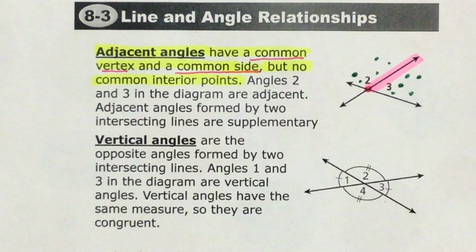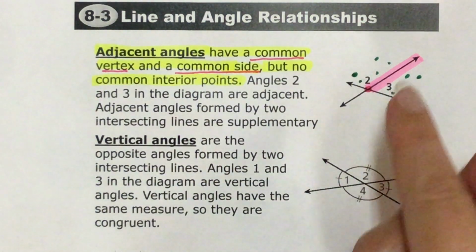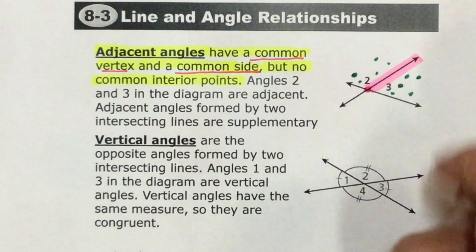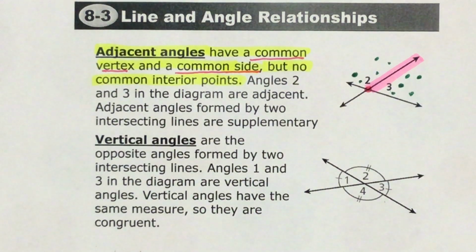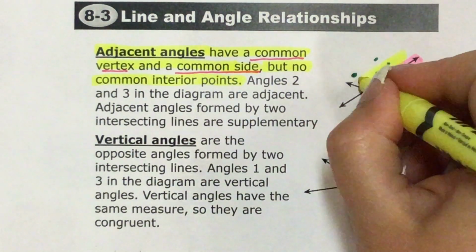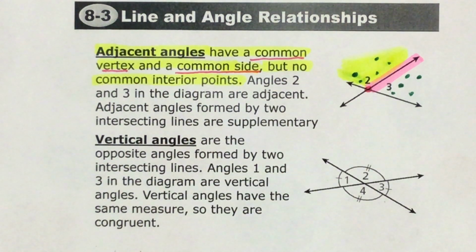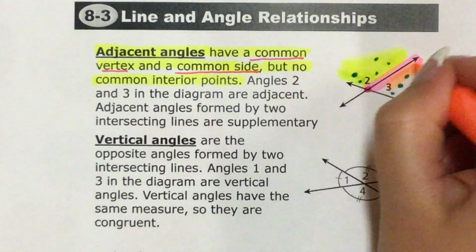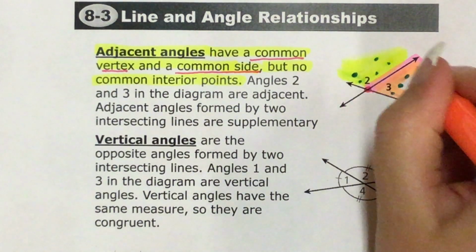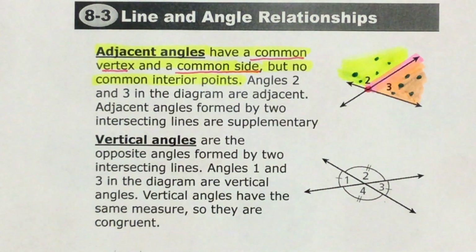So this right here is an example of adjacent angles. Angle 2, in yellow, is adjacent to angle 3, which is orange. These two angles are considered adjacent angles.